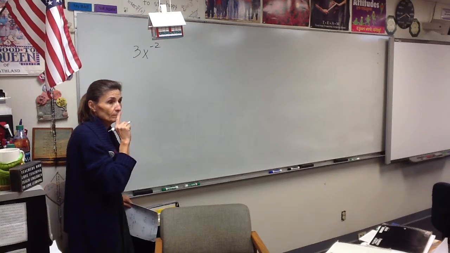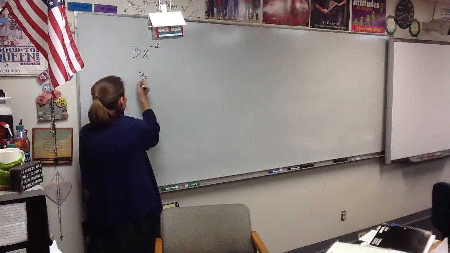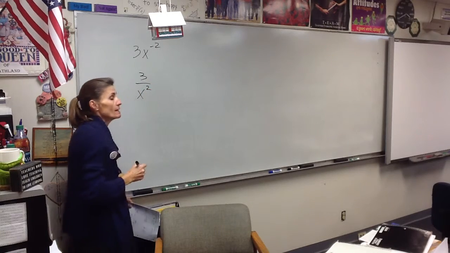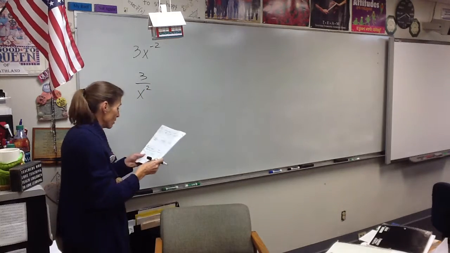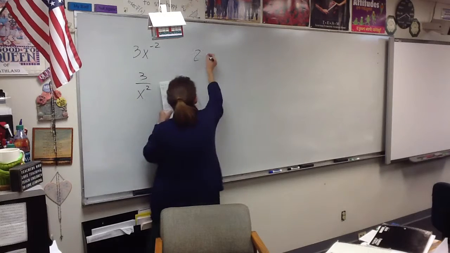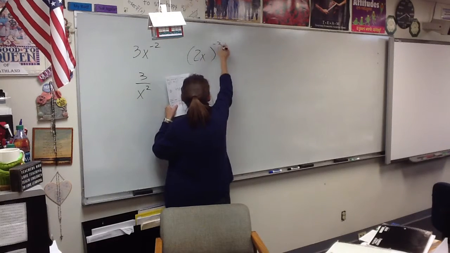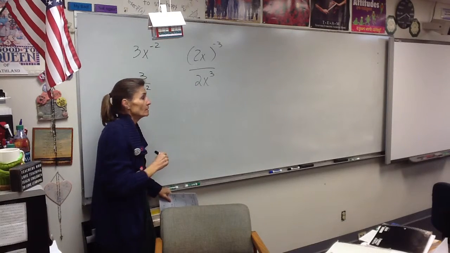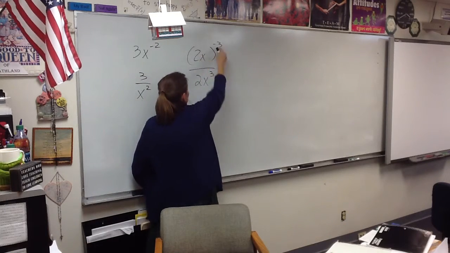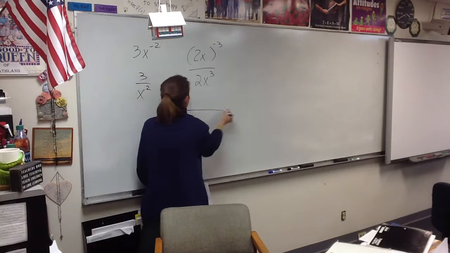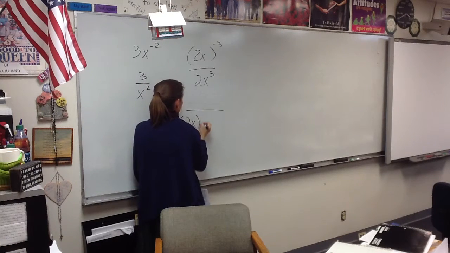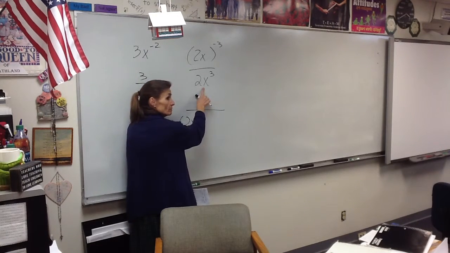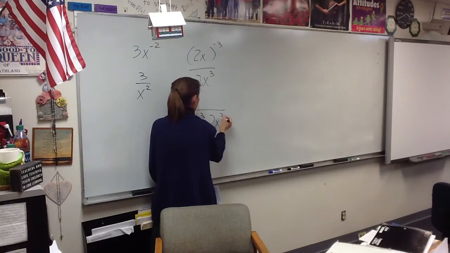What moves? Just the variable, because that is the only thing that has the exponent. Same thing when you look at this problem. This has a negative exponent, so it is going to move. Does this move? No, it does not have a negative exponent.